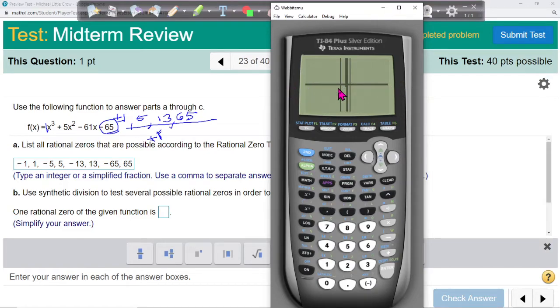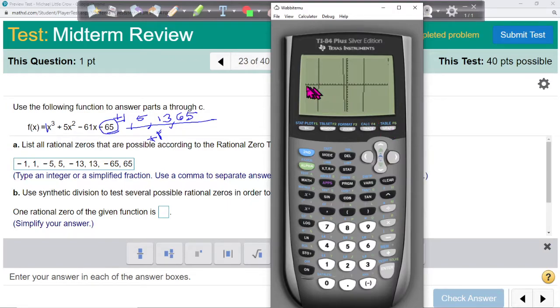So this must be like, what I've got, 13. It might be 5. Let's zoom in a little bit. So instead of negative 70, let's go negative 15 to positive 15, and maybe negative 20 to positive 20, just zooming in to see things a little more clearly.